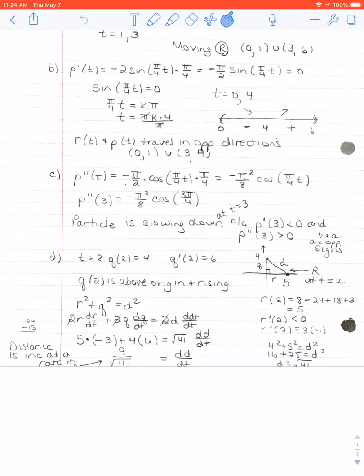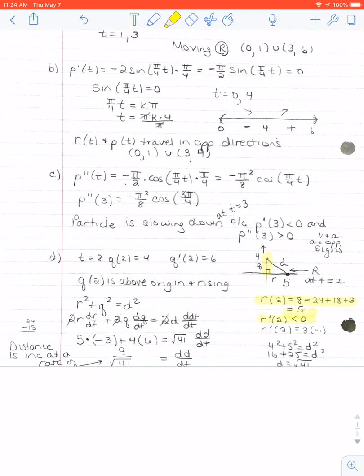So we know, given information right here, that this is how Q is, and at 2 it's at 4 and it's rising. I can also find out R of 2 from the given information.